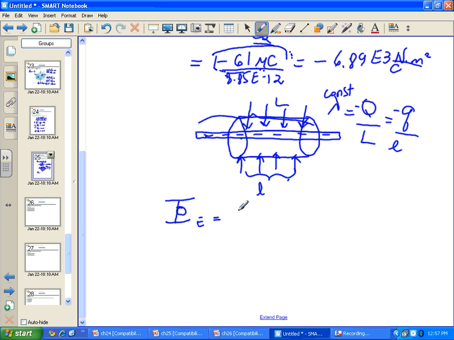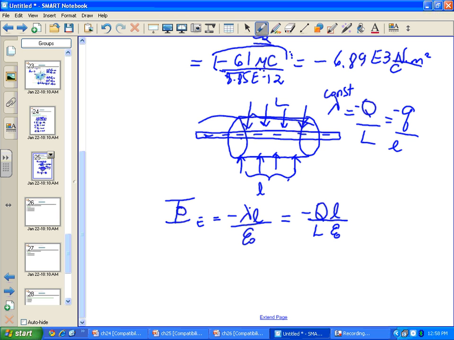Well, we can write Q as minus lambda times l divided by epsilon naught, or if we happen to know the total charge and the total length, we could write minus Q, where the minus just indicates that the charge on the line is negative, times little l over big L times epsilon naught.